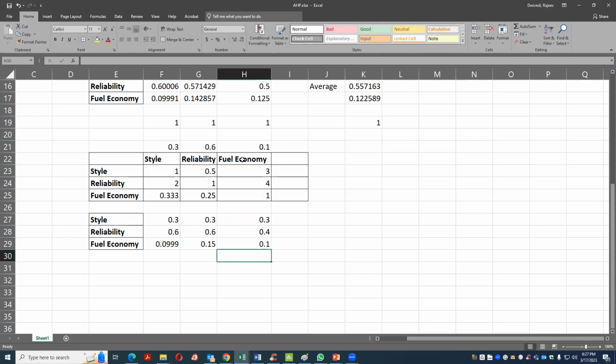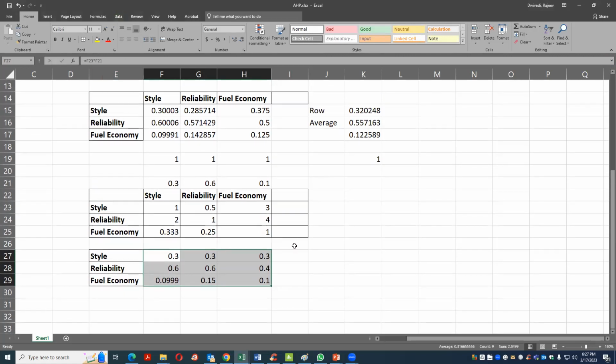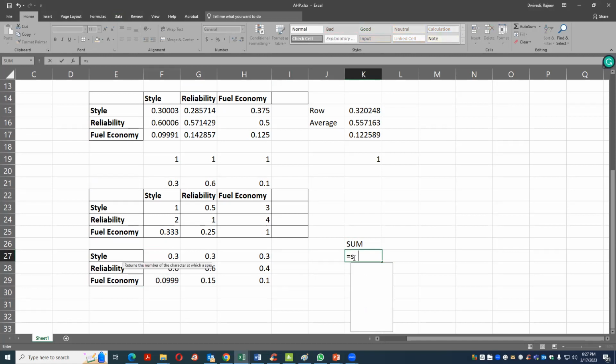So now we got AX, the multiplication of A and X. Now we are going to do sum. Earlier we did average. Don't forget, here we are going to do sum. So equal to sum, and I'm going to take all these things together. And here we get the sum of all these three things.